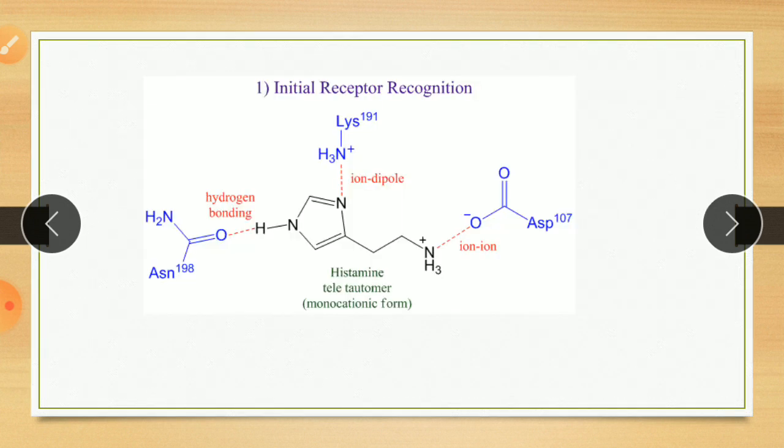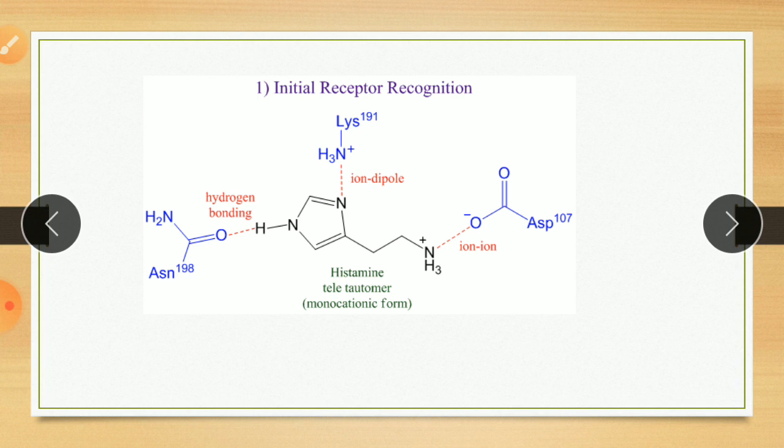So the binding site on the histamine receptor is present on transmembrane 3 and transmembrane 5. If we see the binding of histamine with its receptor, especially the H1 receptor, here there are 3 binding sites.